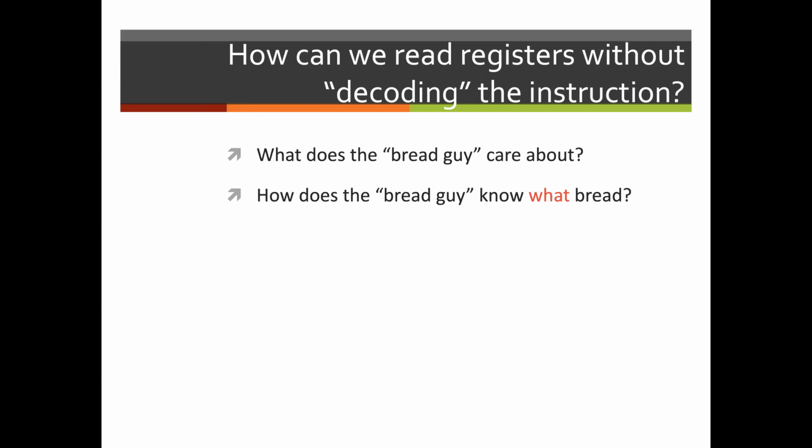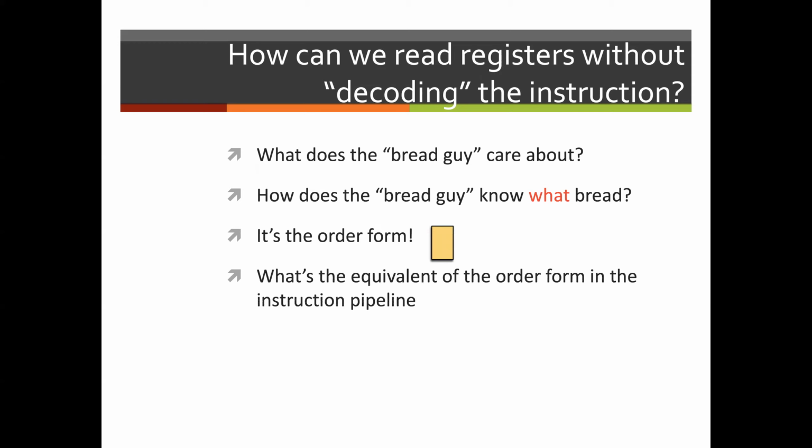Well, he will need to look at the order form. And so when we consider our instruction pipeline, what is going to be the equivalent of the order form? And so that is going to be our instruction register.